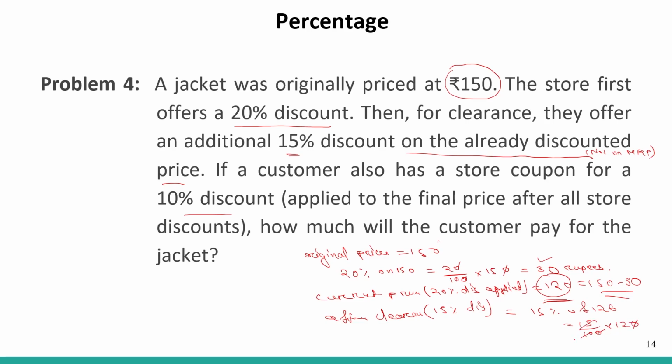So it will be 3 by 2 into 12, so 2 6 is 18 rupees. So the current price after clearance is equal to 120 minus 18, that is 102 rupees.